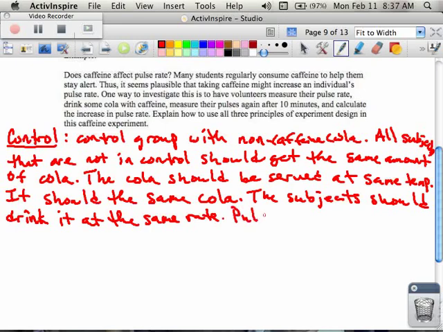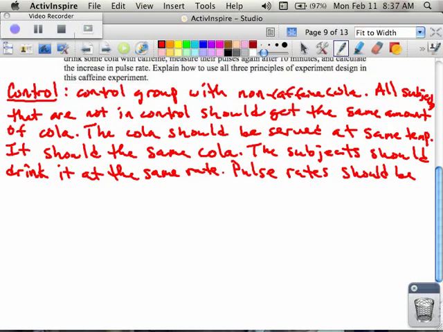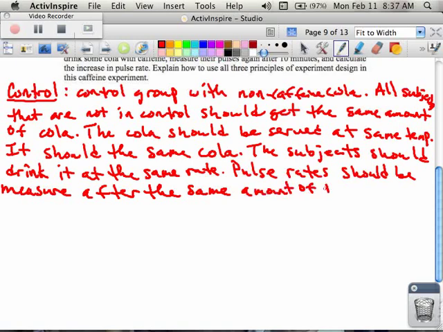Pulse rates should be measured after the same amount of time. What else?